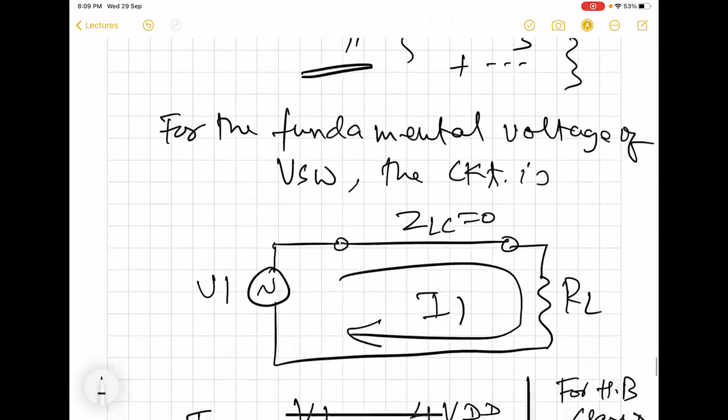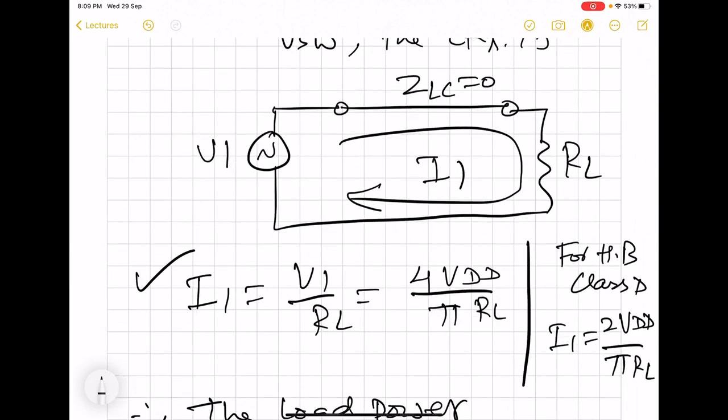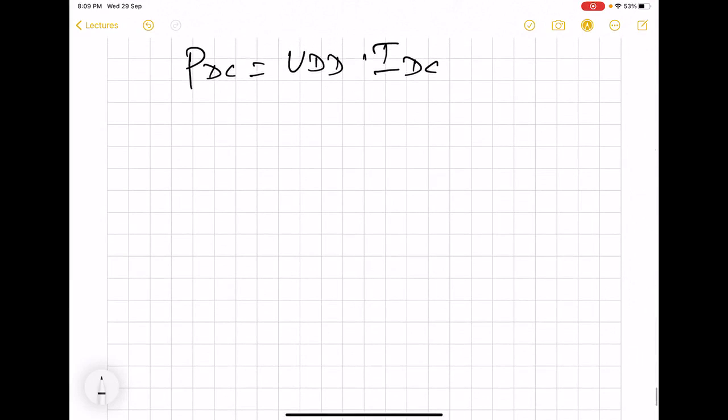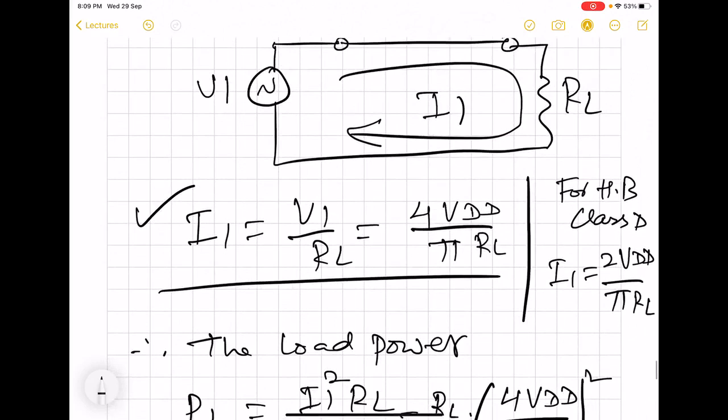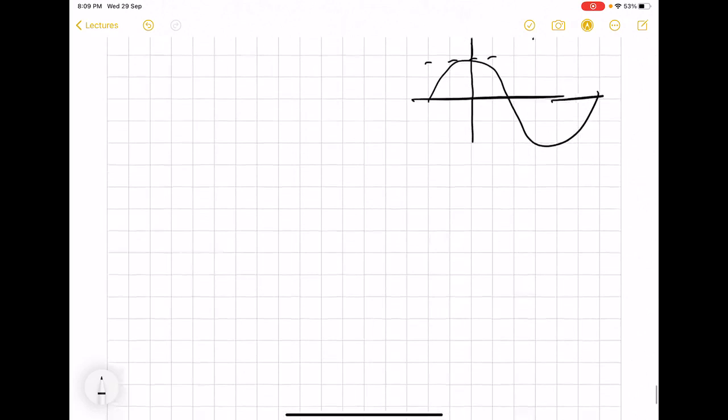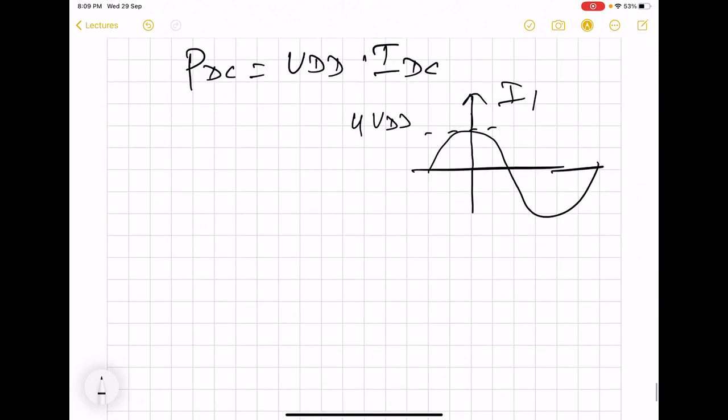So we find that for this fundamental, sinusoidal current will flow, which has amplitude equal to this. So our load will be experiencing a current I1, and this amplitude we have calculated in terms of voltage, which is equal to 4 VDD by pi RL.